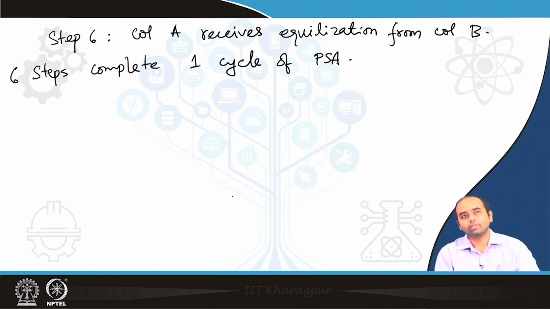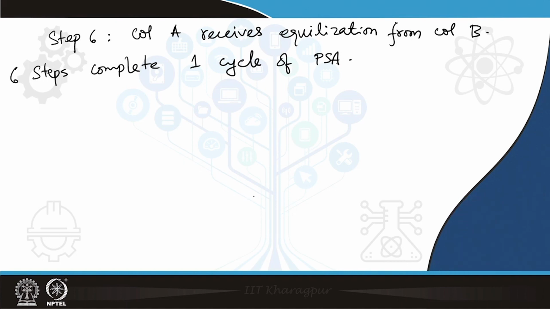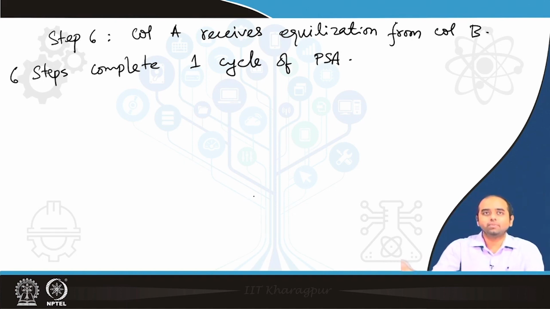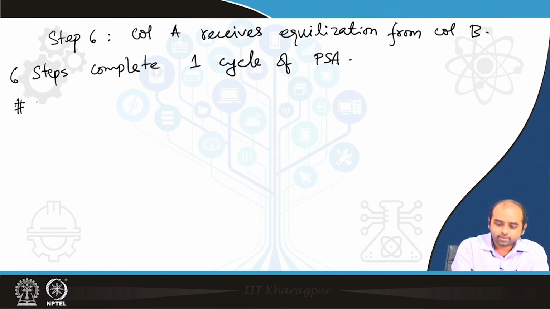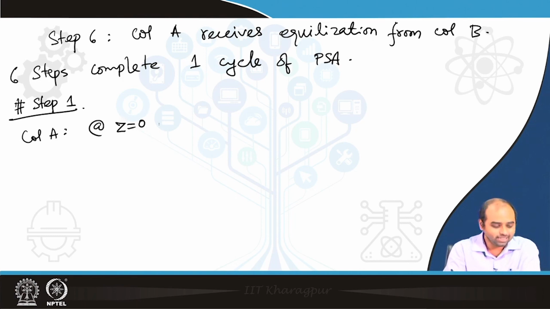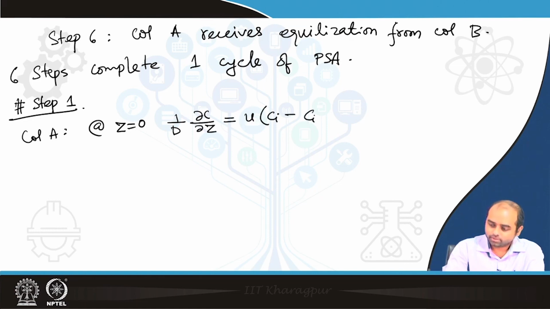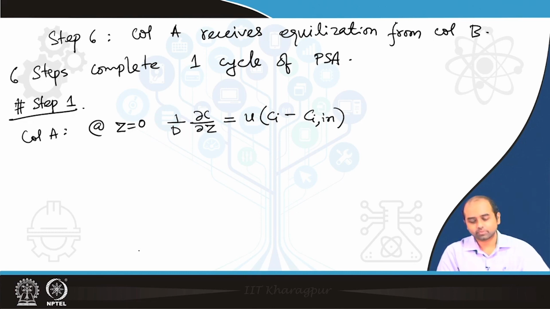Right. So, what about the boundary conditions? So, the boundary conditions are different in these steps, and essentially once we write down the first 3 steps, it will be the same for the remaining 3 steps for column B. So, in the first step, step 1 for column A, we have at Z equal to 0, which is the inlet, D del C by del Z is equal to U C. Right.